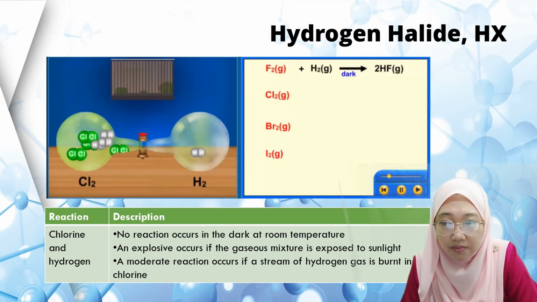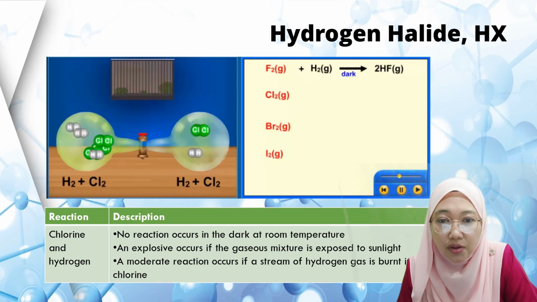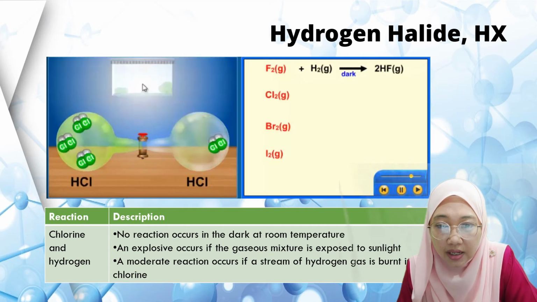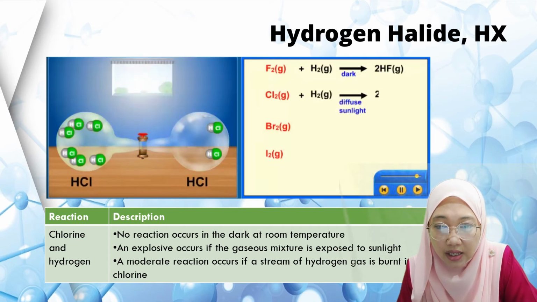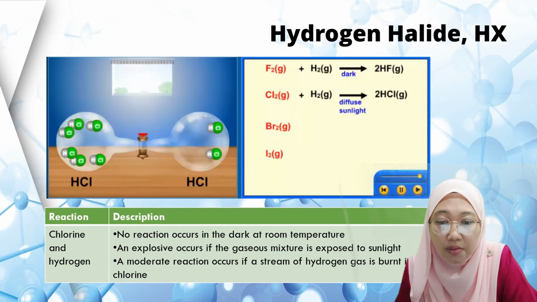Next, with chlorine. So chlorine reacts with hydrogen. We see there is no reaction. Okay, we open the window to give a light source. So no reaction occurs in the dark at room temperature.